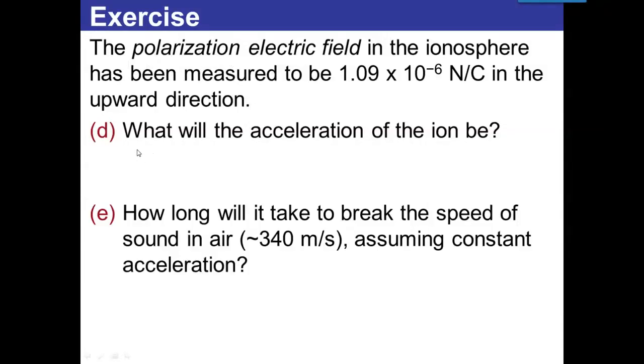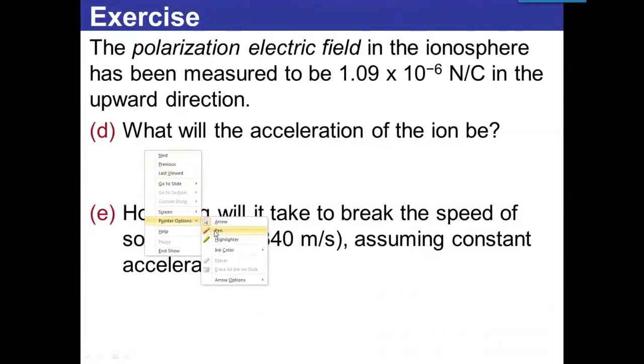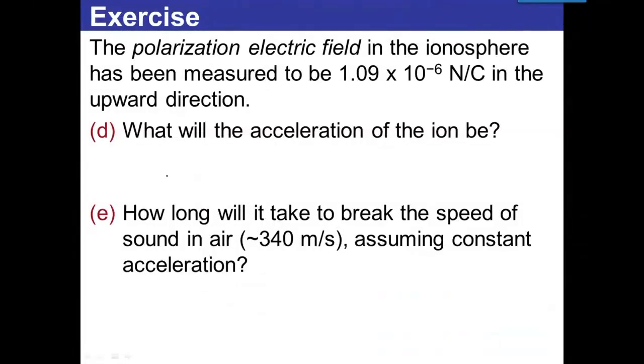So in this case, then here, so back here and put my pen back. Okay, so what we have here then is we want to calculate the net acceleration, which means we need to know the net force, right? And so in this case, we're going to have the force of the electric field, which is acting upwards.